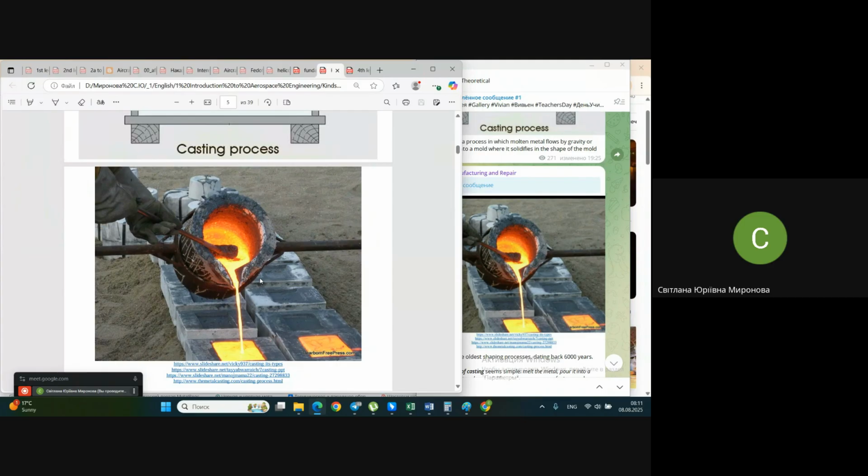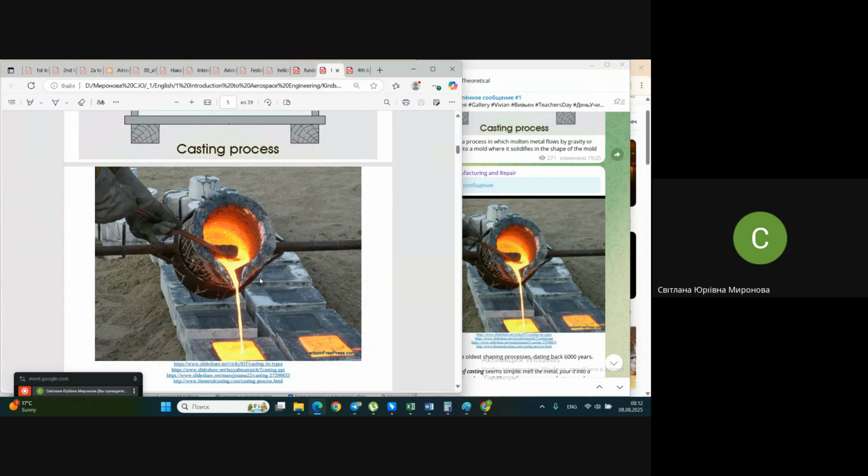The question is how to make this mold, how this mold appears. And due to different approaches for making the mold, a good dozen of different casting processes have appeared. Right now we will see their names.